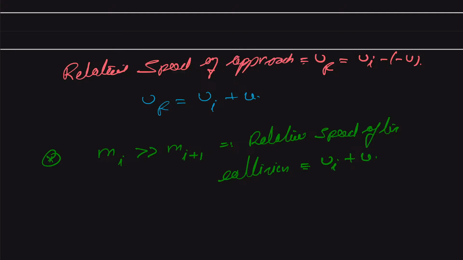Now let us find the actual speed of bi plus 1.